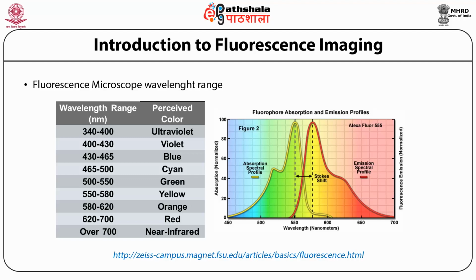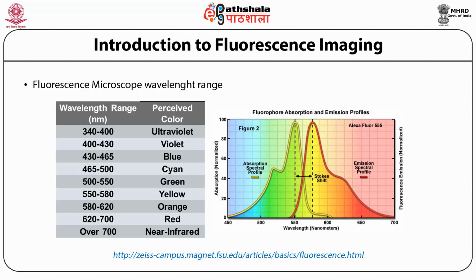Then 400 to 430 is a violet region where we see the violet light. 430 to 465 is called blue. 465 to 500 is cyan, 500 to 550 is a green color range, 550 to 580 is a yellow color range, and then 580 to 620 is orange, 620 to 700 is red, and 700 onward is infrared.